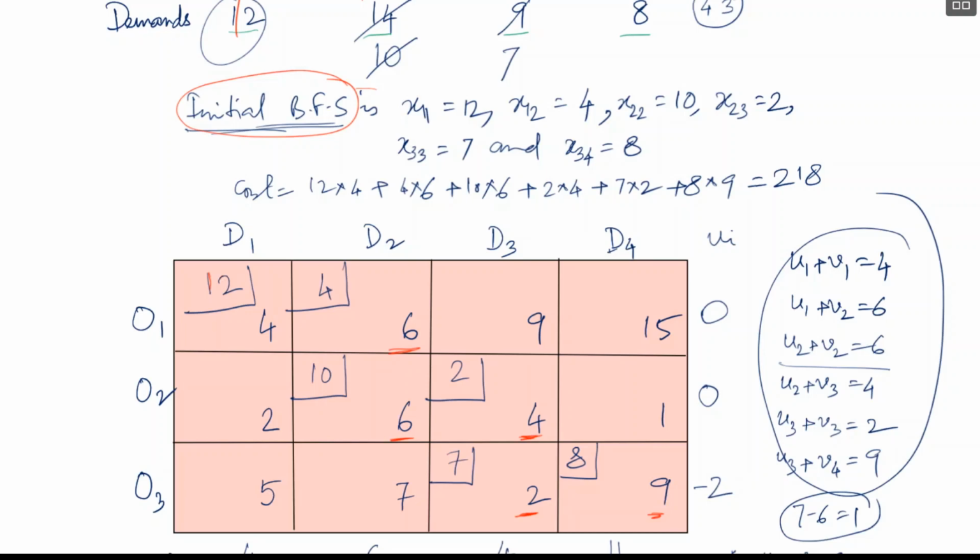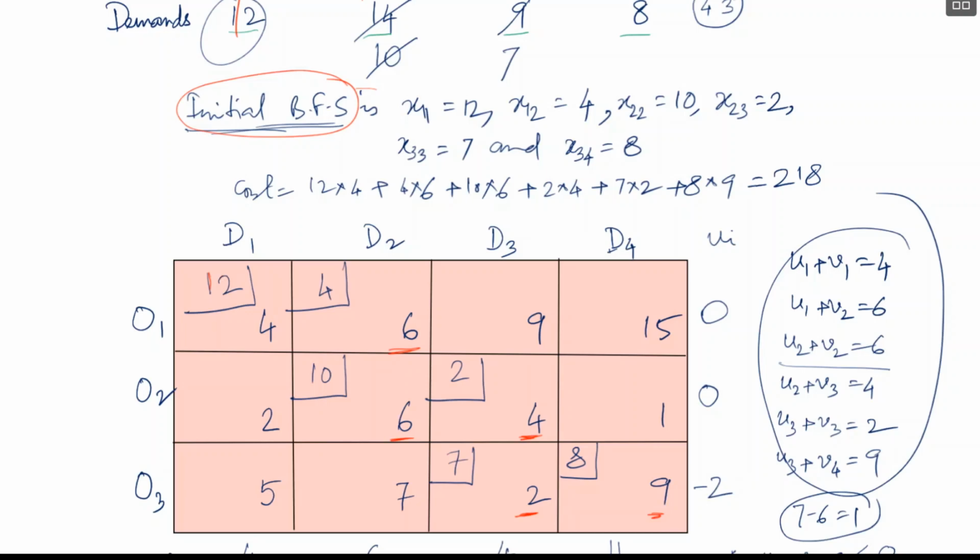And since it is a minimization problem, in the corresponding LPP all the Zj minus Cj should be less than or equal to 0 for optimality. So all Ui plus Vj minus Cij should be less than equal to 0 for the unoccupied cells.